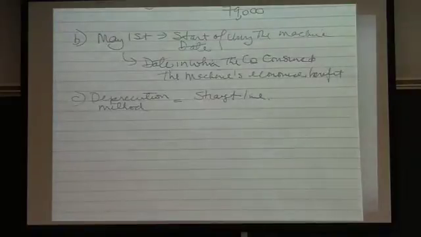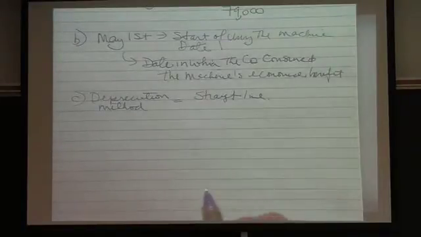Okay? So obviously, under our standards, we have the ability to pick different depreciation methods, but given that the purpose behind depreciation is to reflect the economic benefit or the use of this asset, and given that we're told the use of the asset is even over the useful life, the more appropriate choice really is straight line.